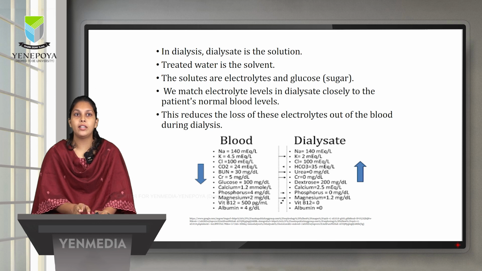For example, in blood the concentration of potassium is 4.5 milliequivalents per liter, but in dialysate it's 2 milliequivalents per liter. We match electrolyte levels in a dialysate closely to the patient's normal blood level. This is to reduce the loss of electrolytes out of the blood during dialysis.